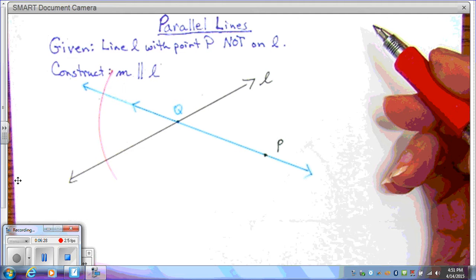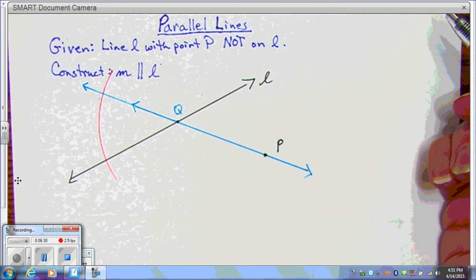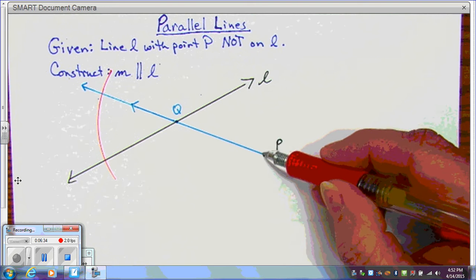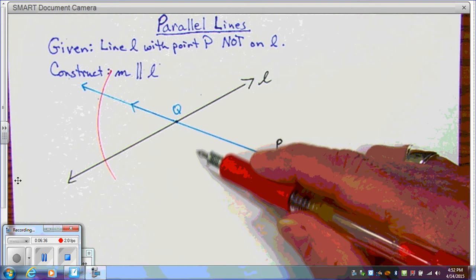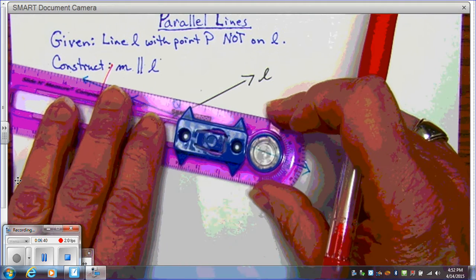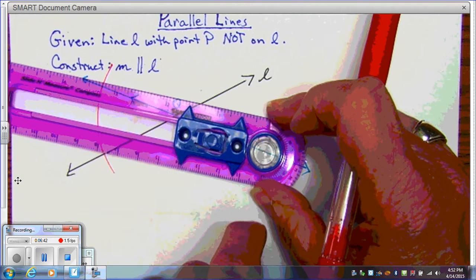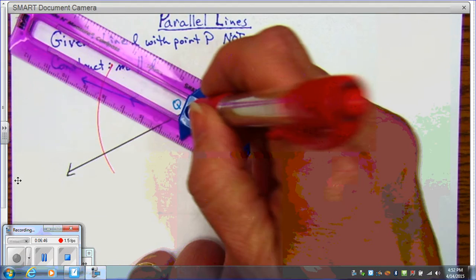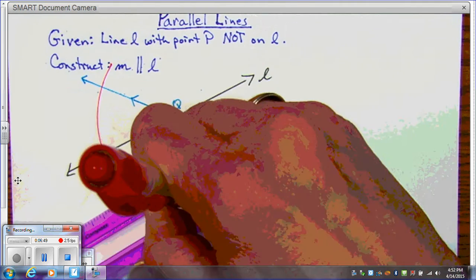There's my favorite arc at Q. I now need my favorite arc at P, and it needs to go in the same direction. Okay, so I'm going back toward the left on my paper here with this arc, favorite arc, and it's got to cross the blue line.